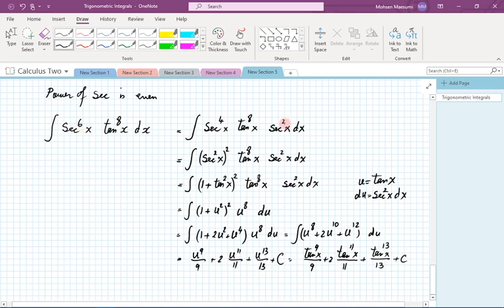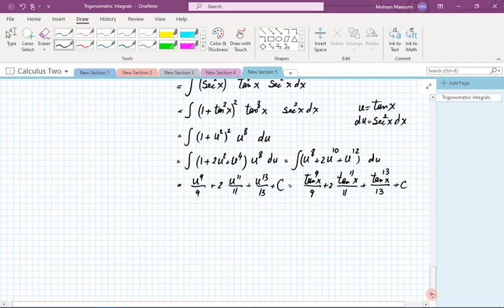When I split the power 2 off of it, the rest of it is still even, so I can write it as a power of 1 plus tan squared. If it wasn't even, I would have a fractional number, and a fractional number would mean a radical here, and I'm back into another difficult problem to handle. So this is in fact an easy case.